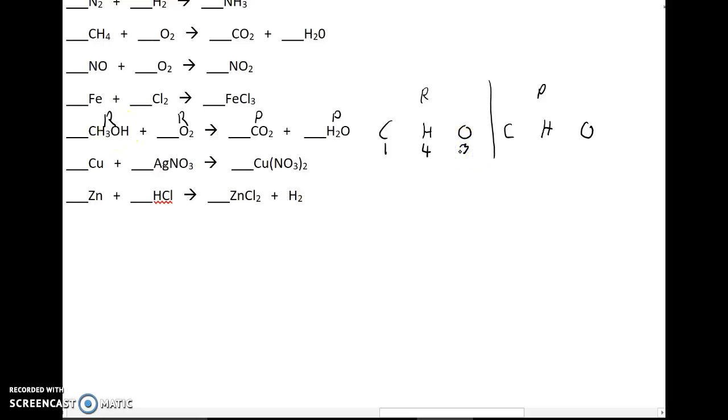Now I'll do the same thing for the products. 1 carbon atom, 2 hydrogen atoms in water, and then again, oxygen is in 2 different places, so 2 here and 1 here. That does complicate things a little bit because you have to be very careful when counting your atoms.